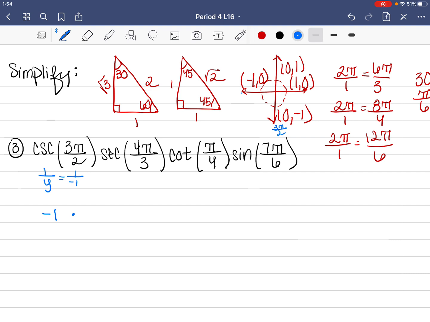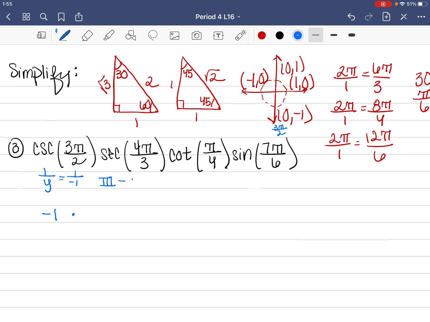Now we're doing secant of 4 pi over 3. Okay, 4 pi over 3 is not a quadrantal angle, which means I'm going to have to use the method what quadrant, positive or negative, and so on. So you should be scanning that unit circle. Where is 4 pi over 3? It is in quadrant 3. Hopefully you see it. In quadrant 3, tangent and cotangent is positive, secant is negative.